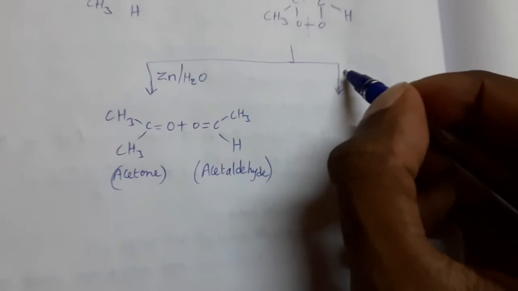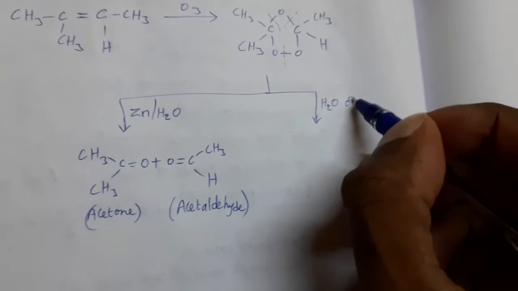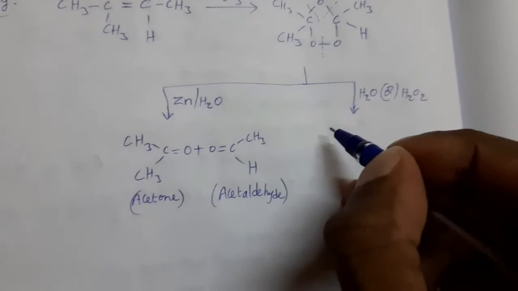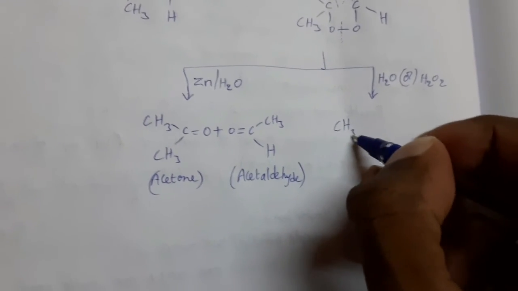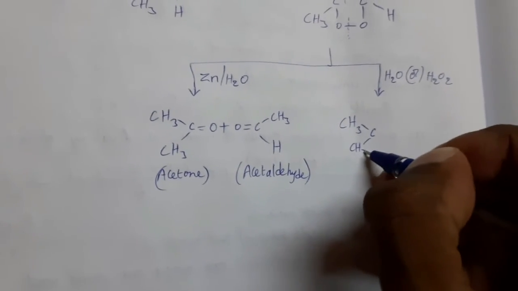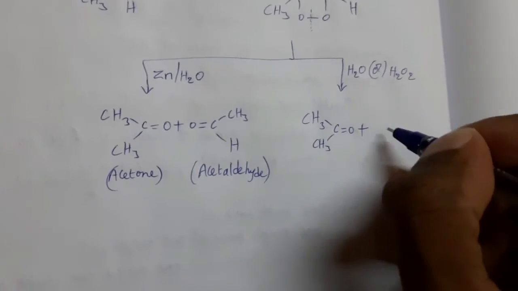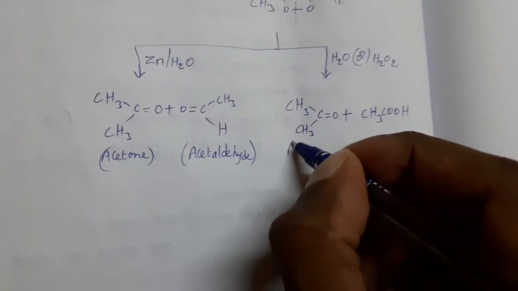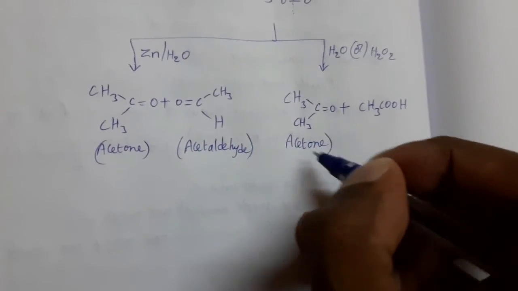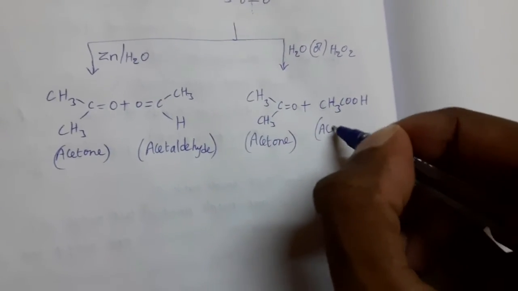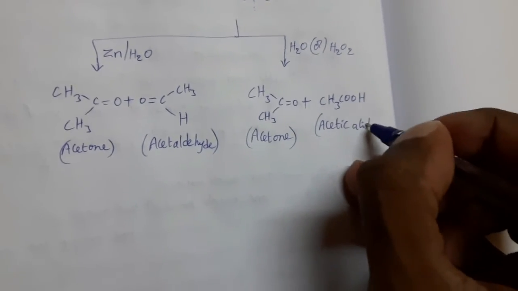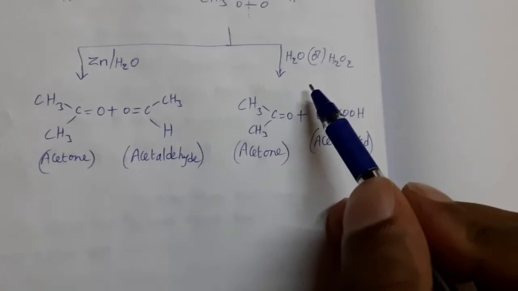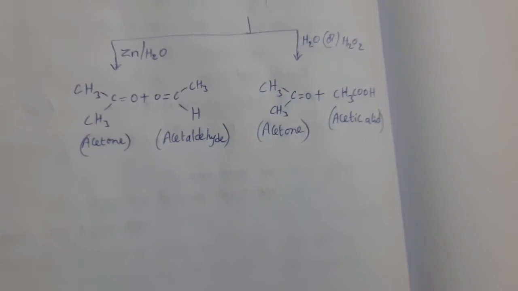Next, oxidative ozonolysis treated with water or hydrogen peroxide. Then we can get CH3, C double bond O plus CH3 COOH. This is acetone. This is acetic acid. So in this way, reductive ozonolysis gives ketone and aldehyde, oxidative ozonolysis gives ketone and carboxylic acids.